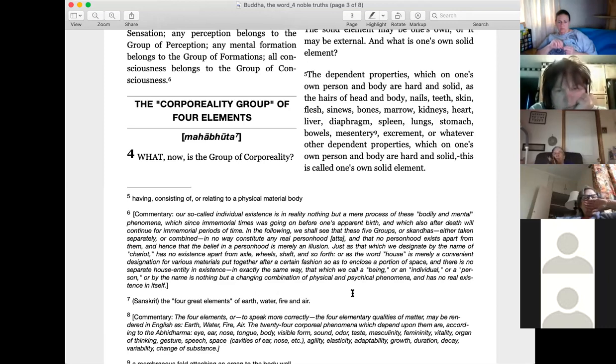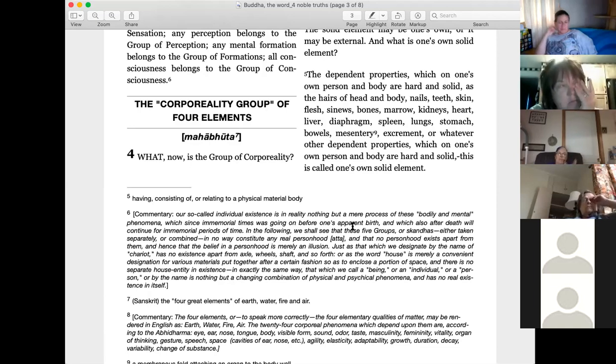Because what the Buddha said, our so-called individual experience in reality is a process of our body and our mental functions interacting with each other. And so since time began, things were happening in the world before we were born, and will continue to happen after we are born.